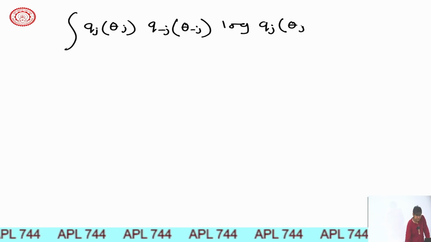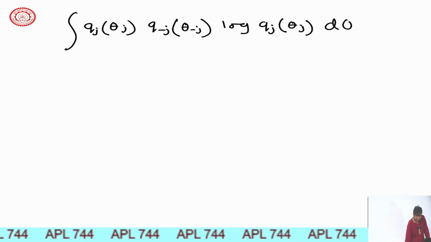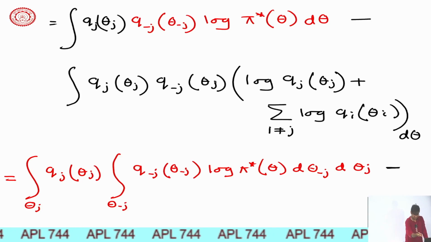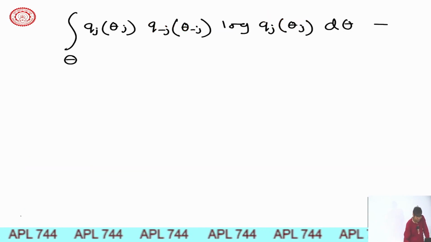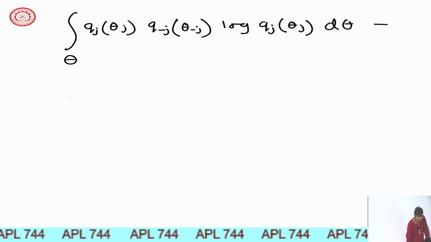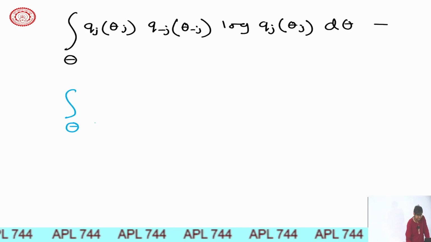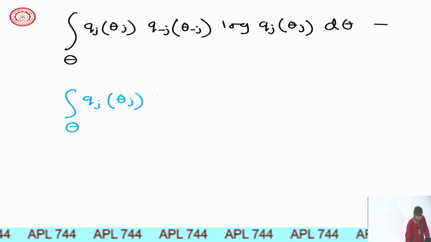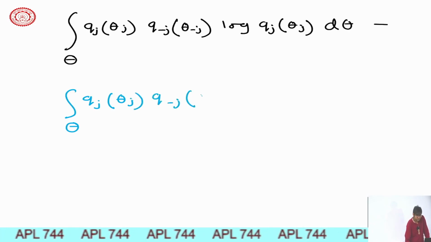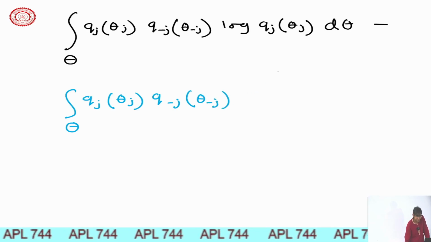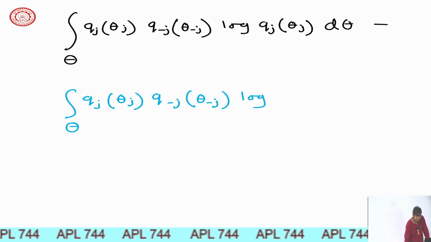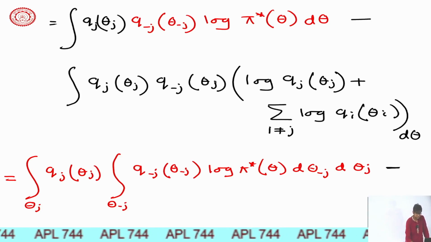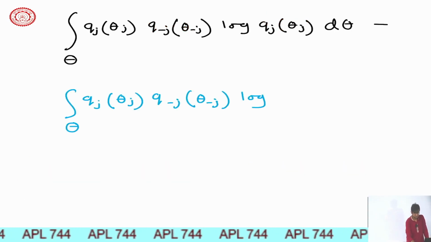And this is over all theta right now at least, minus the last term, which is equal to the integration over theta of qj theta j, q minus j theta minus j, log of, or the summation of log, actually the summation is there.